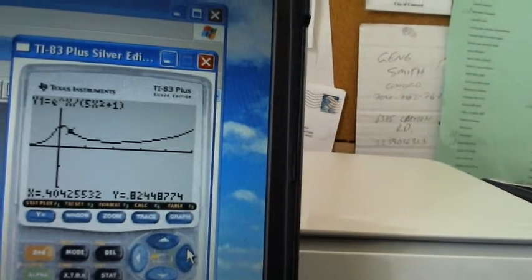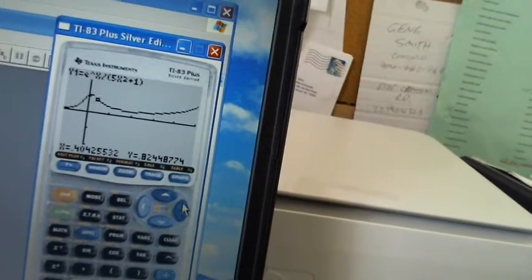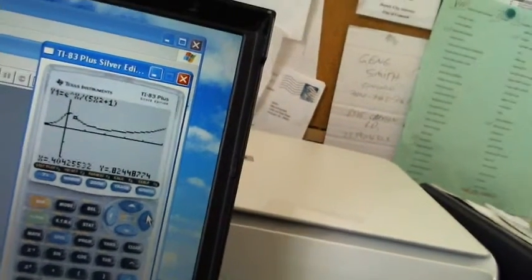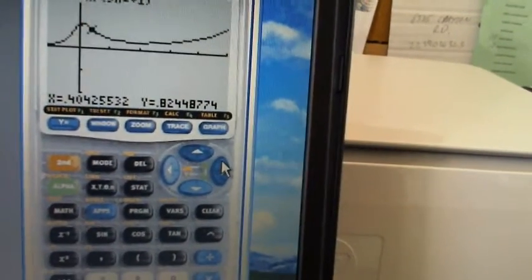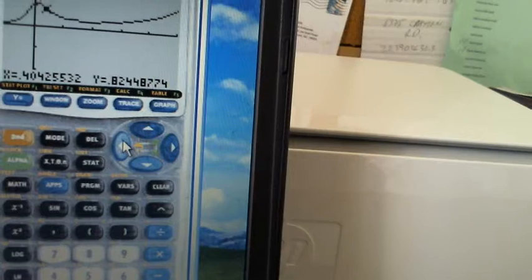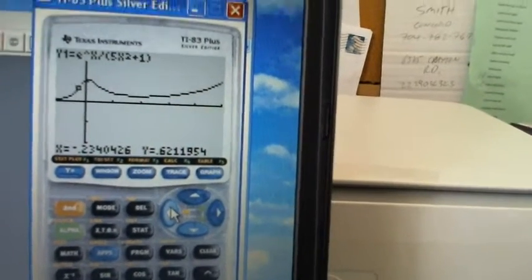Right in there someplace. So we're concave up only until right in through there, I suppose. So let's say negative 0.23, up to 0.23. That looked good.